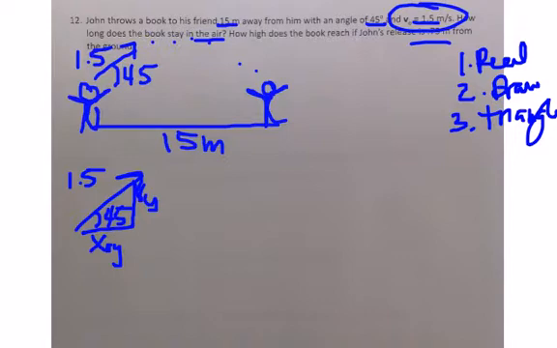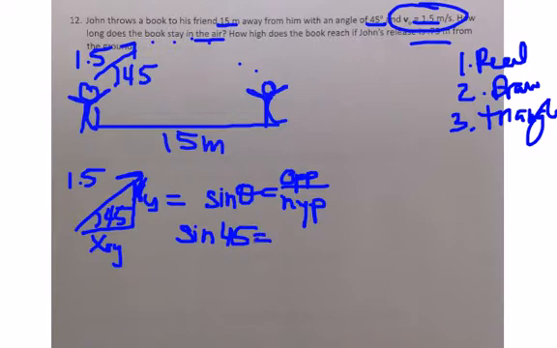So the way we do this is with our sine and cosine. So we know that the y is the opposite, and it's going to be, most times, sine theta of our angle, which is 45, I'll put it in later, is equal to the opposite over the hypotenuse. So we can see that this is our opposite, so sine 45 is equal to our velocity initial in the y direction over the hypotenuse, 1.5.